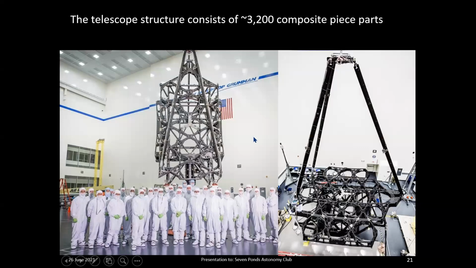Now, in addition to making the mirrors, we had to design a structure to hold those mirrors. And the requirements on the structure are really, really daunting. The structure has to hold the mirrors and withstand the huge accelerations, the huge mechanical loads that are associated with the rocket flight into space.